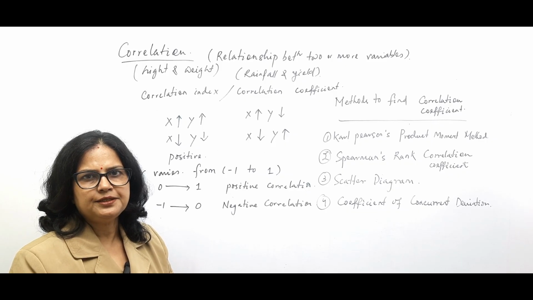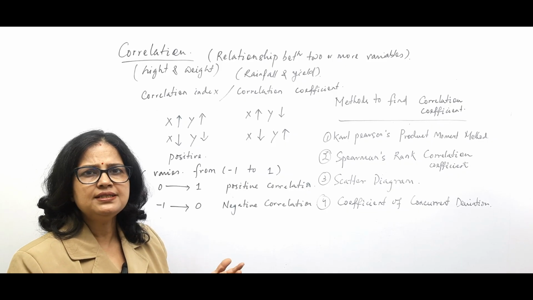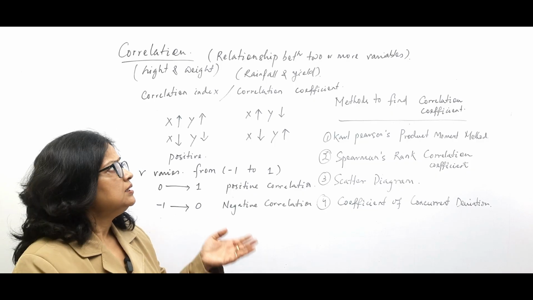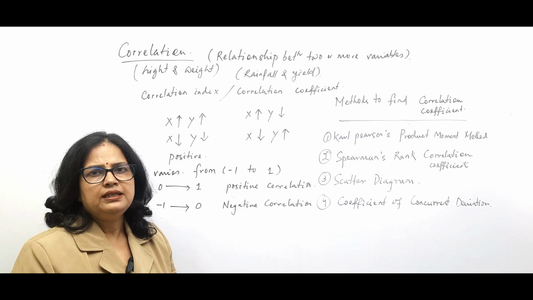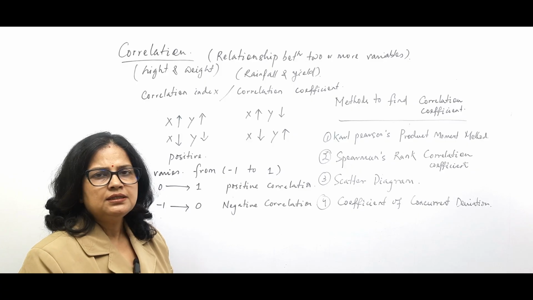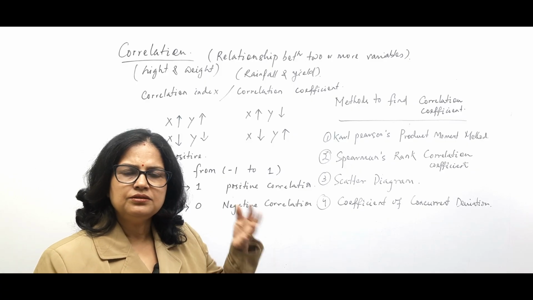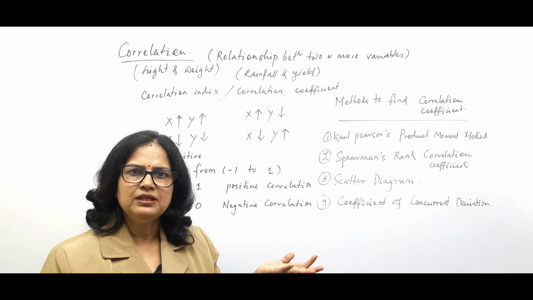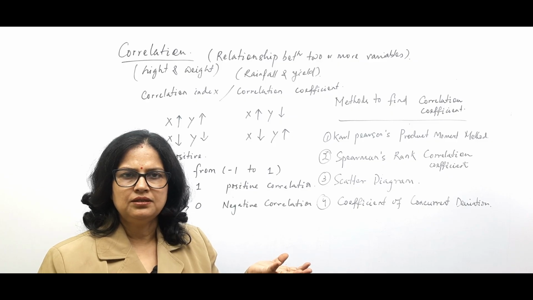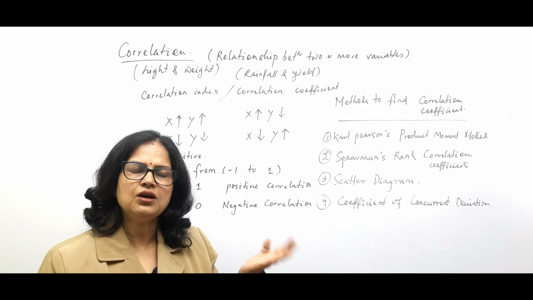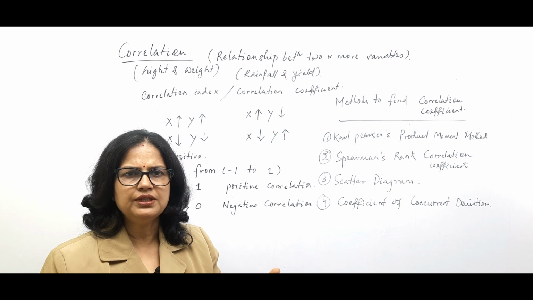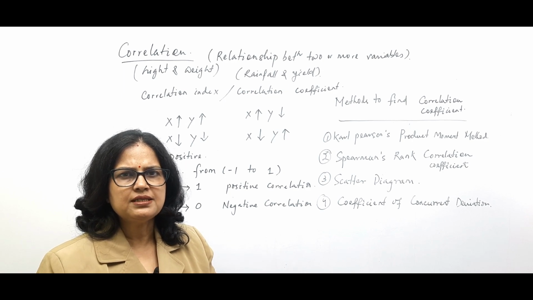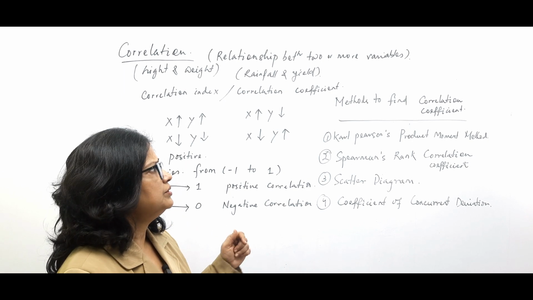How is height related to weight? Maybe rainfall and yield. If rainfall is increasing, the yield of the crop is increasing or decreasing. That also we can relate. So many examples are there in case of correlation.